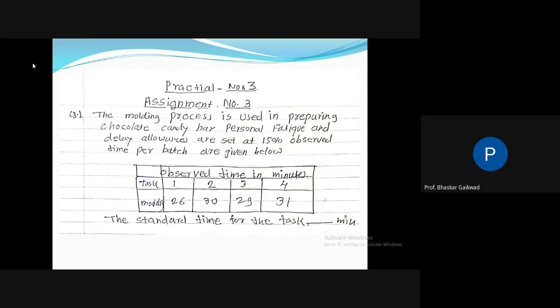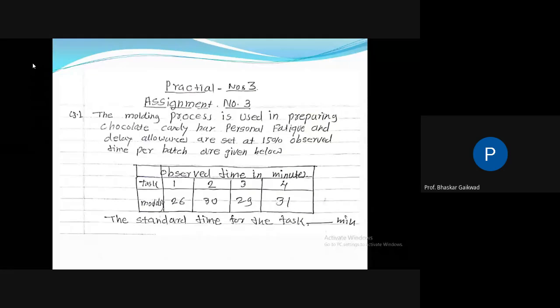Now observed time into your rating. If rating is not given, then you can consider it as 100 rating. So observed time into rating, you will get normal time.